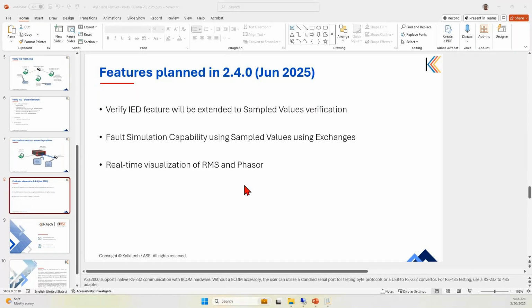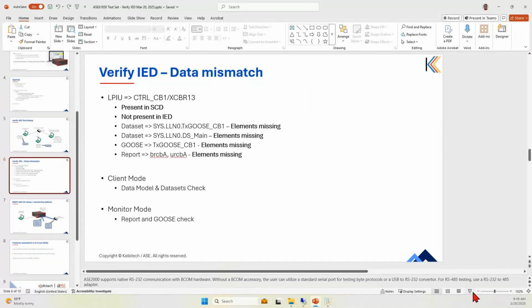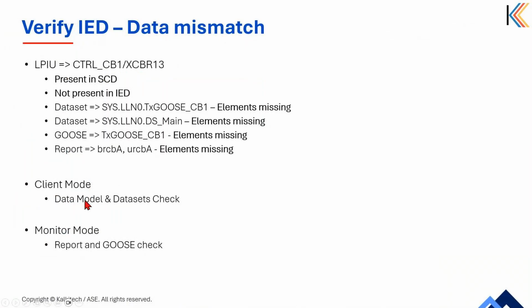The first question I see is: can the client verify the reports? In this scenario right now, the verification of report and GOOSE is only done in monitor mode, but in the next version, we will extend that capability to the client as well. That means the client will be able to enable the report and further verify all the parameters between client and server, and also verify the report.